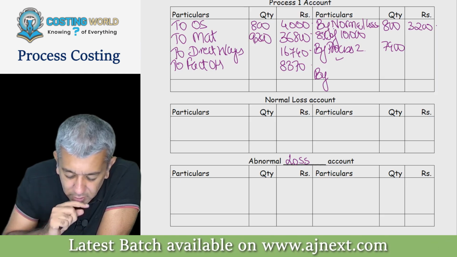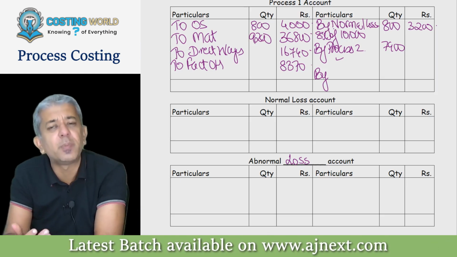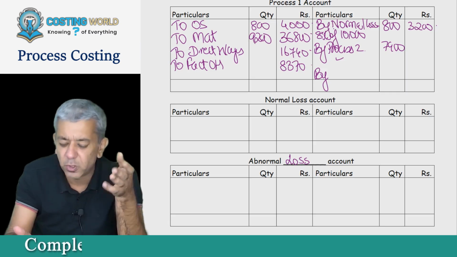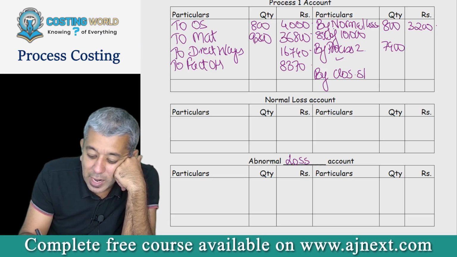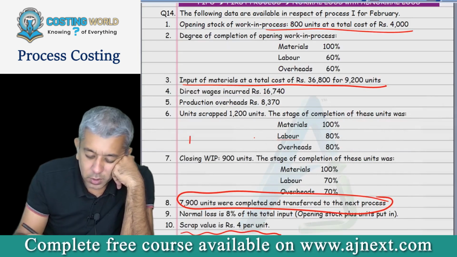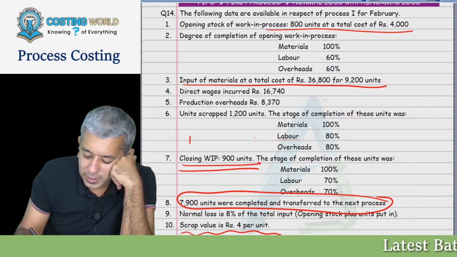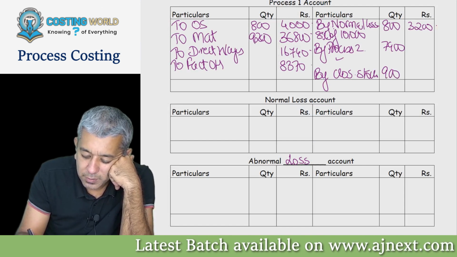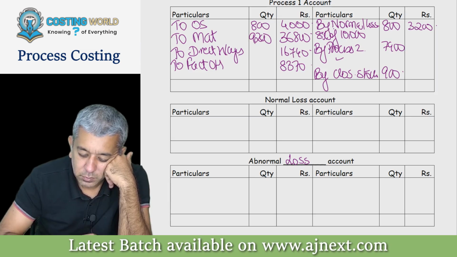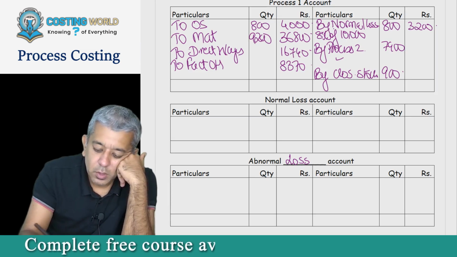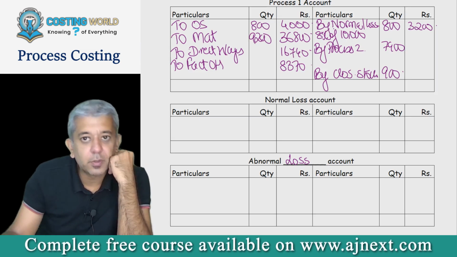We have already discussed that also, but in any case you will be able to know that as a balancing figure in just a minute. So on the credit side, the last line, closing stock. So closing WIP is 900 units.